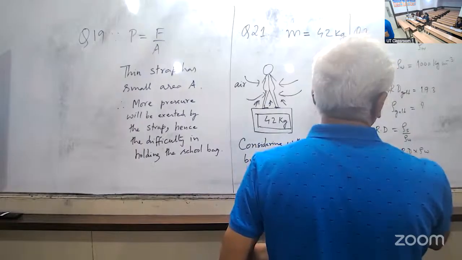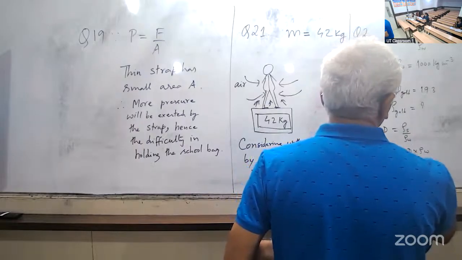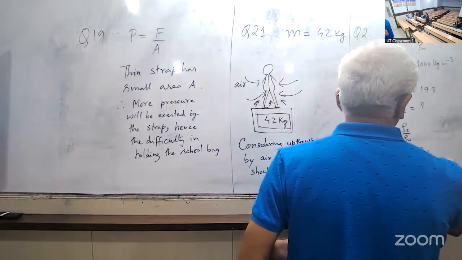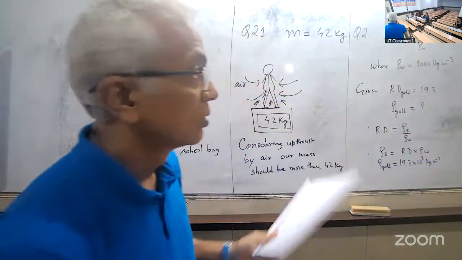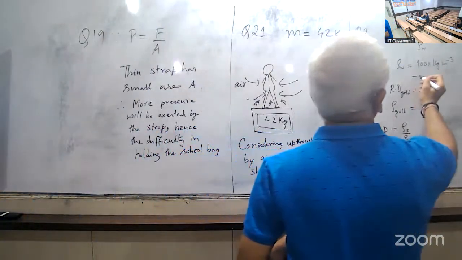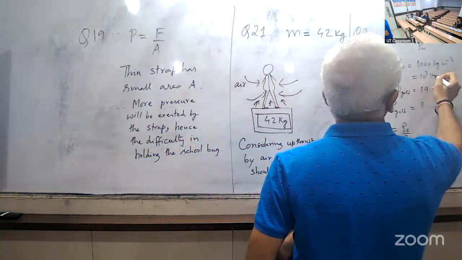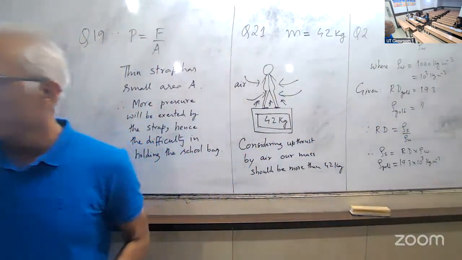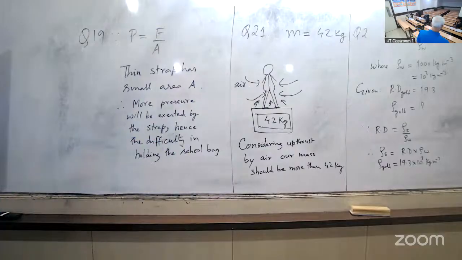RD is 19.3 into this is 10 raised to 3 kg per meter cube. Density of water is 10 raised to 3 kg per meter cube. And relative density has no unit because it is ratio of same quantities.